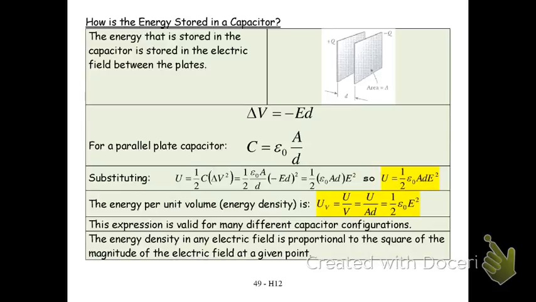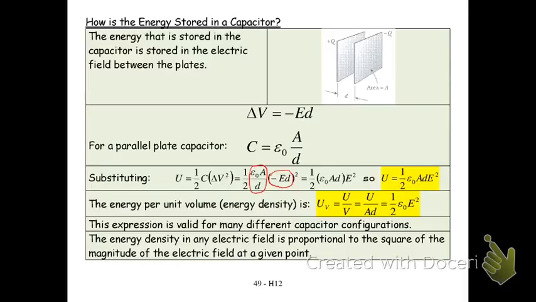So my energy is equal to 1/2 C delta V squared. I got that from the previous page, which is 1/2 epsilon naught A over d. There's my C. And there's my delta V, and I'm going to square it. So I get 1/2 epsilon naught A d E squared.